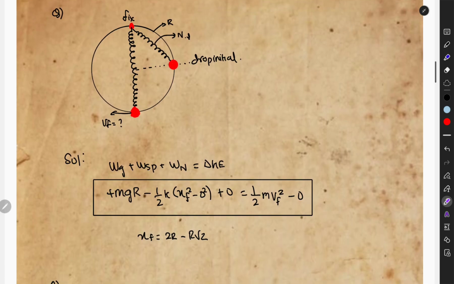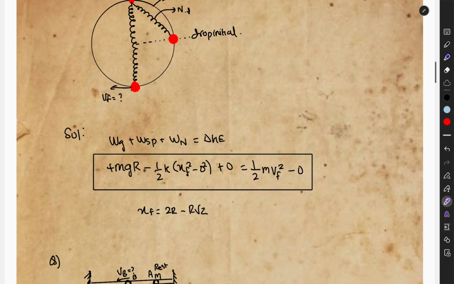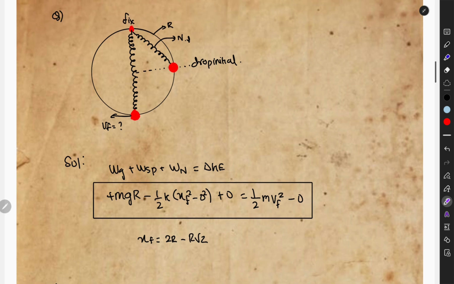Again, work done by all the forces is equal to the change in kinetic energy. In this case, normal force is there, spring force is there, and then gravity is there. mgr minus 1 by 2 k. We need to take only the vertical displacement.